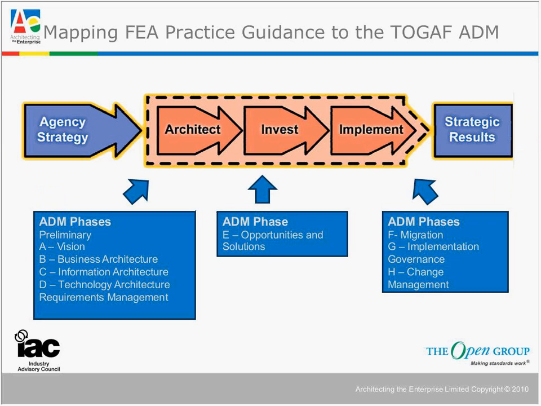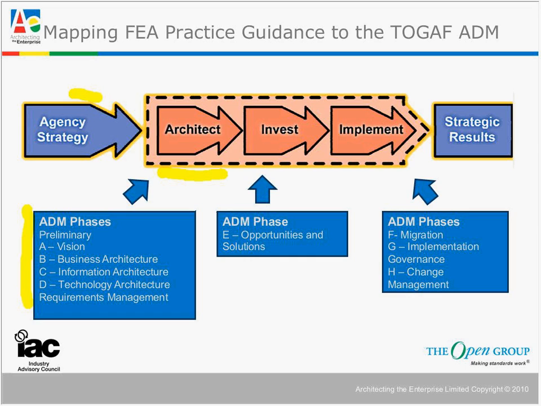So this is at a high level how we can map the EA practice guidance to the TOGAF ADM. So the agency's strategy is formulated and the agency's architect, and they can do that using these phases, A through D plus requirements management.